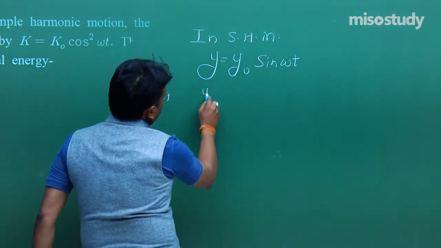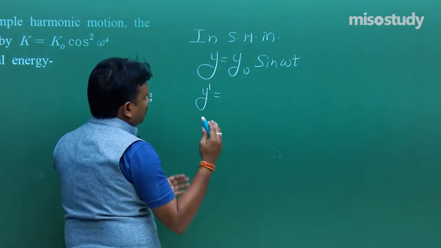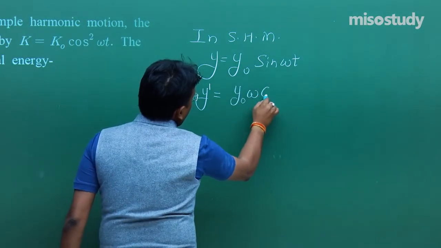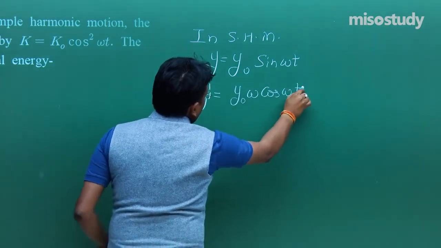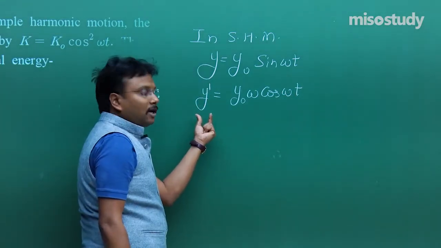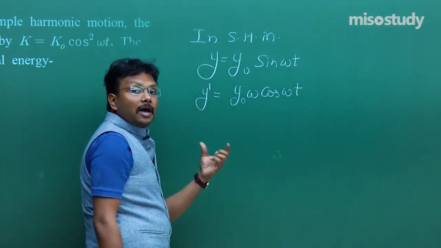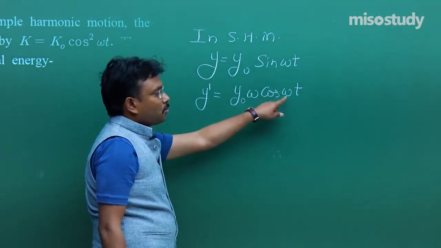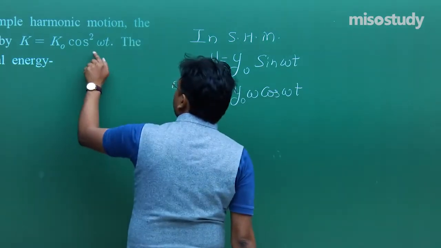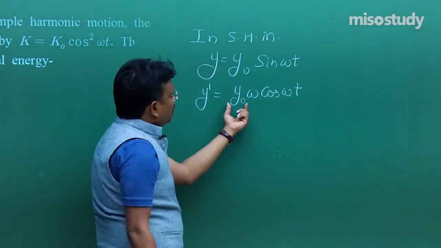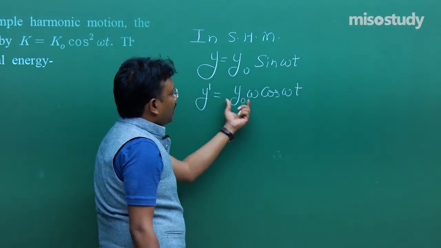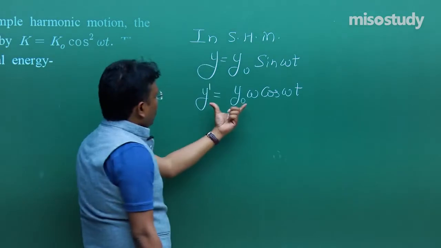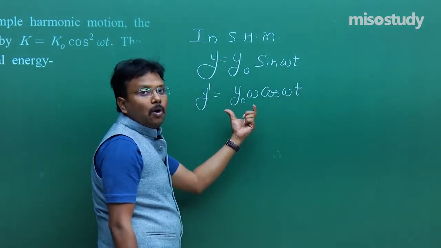So simply just to give you a sort of revision, it's y naught omega cos omega t. You know its velocity is the first order derivative. So kinetic energy is half m v square. So v is this much, so y naught square omega square cos square omega t. So the same equation we are getting over here, and y naught omega whole square, they said it is K naught. Fine. So now I hope the equation is clear to all of you.